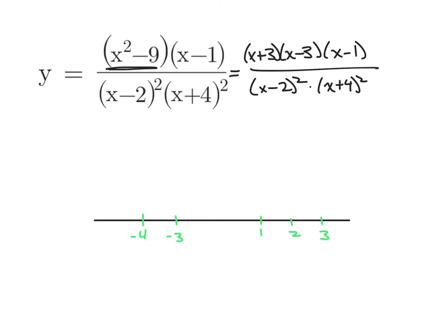And all of those roots that come from the numerator, the negative 3, positive 3, and positive 1, those are all going to be zeros. And the two roots that come from our denominator, 2 and negative 4, those are going to be asymptotes.